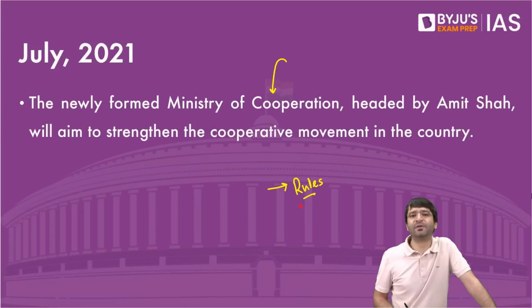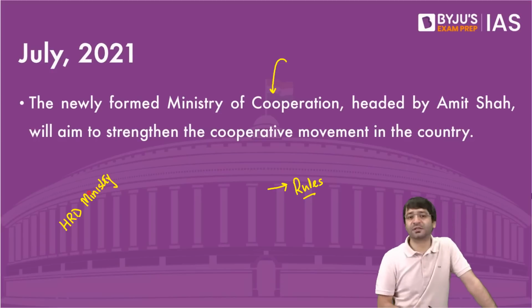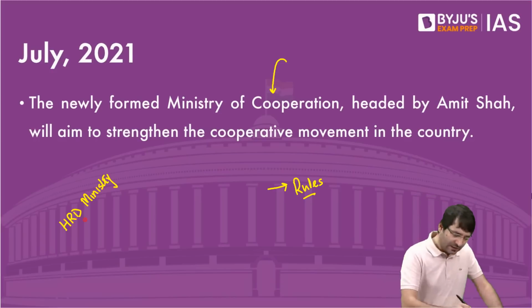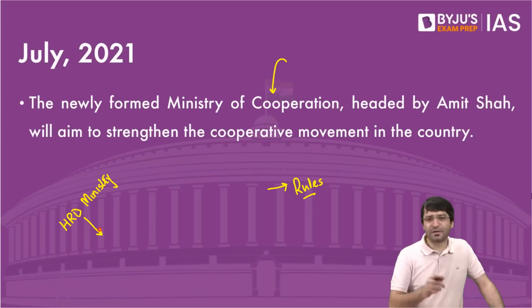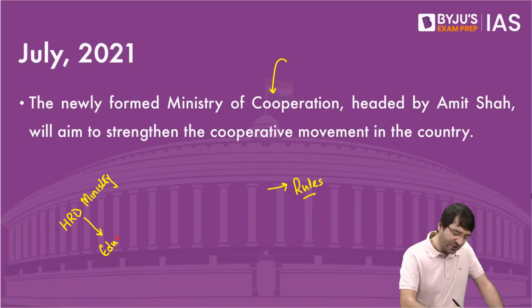For example, previously we used to have a ministry known as the HRD ministry, Human Resources Development Ministry. When Mr. Modi came to power, the rules were amended, and this ministry was renamed as Ministry of Education.